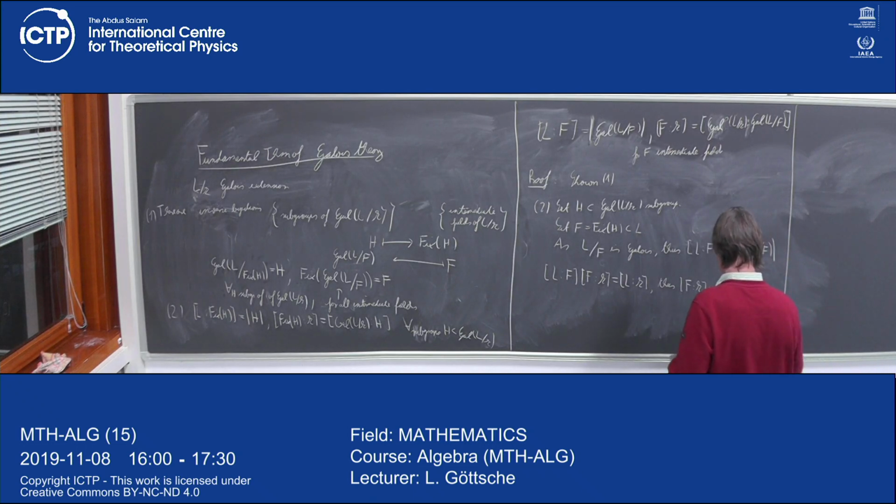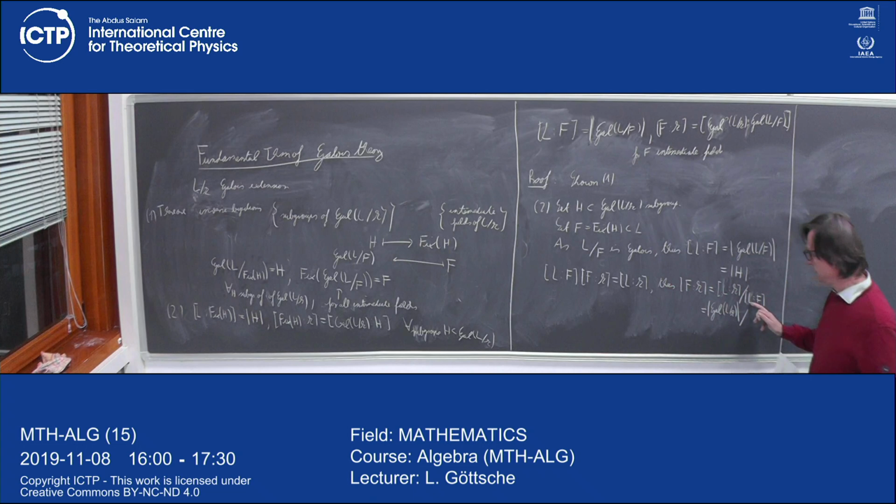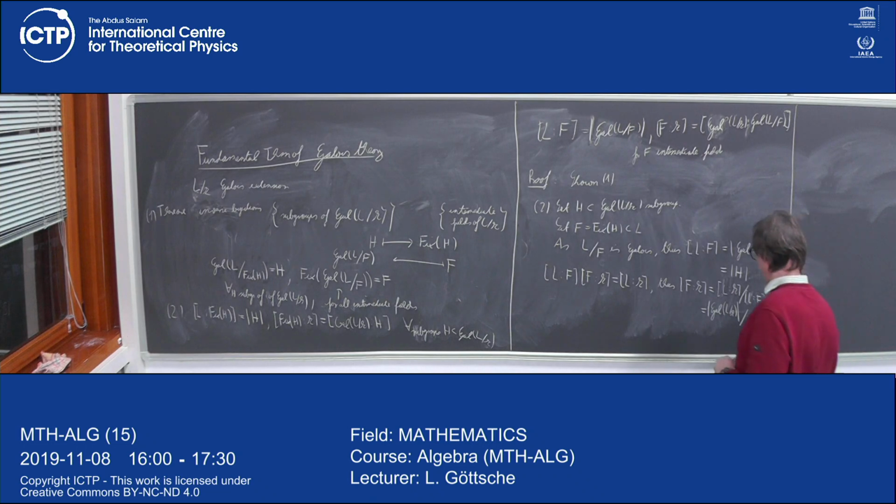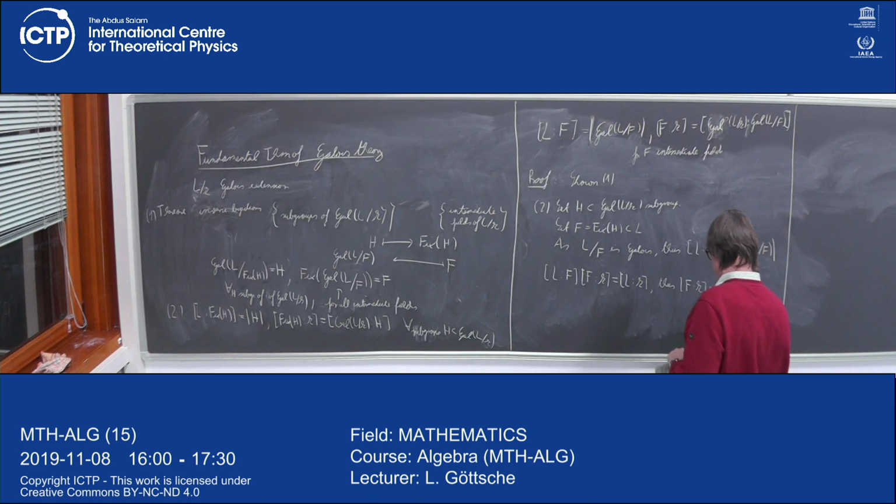which is the order of the Galois group of L over K divided by the order of H, and this is the same as the index of H in the Galois group.